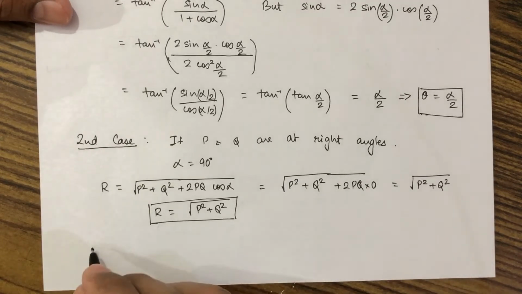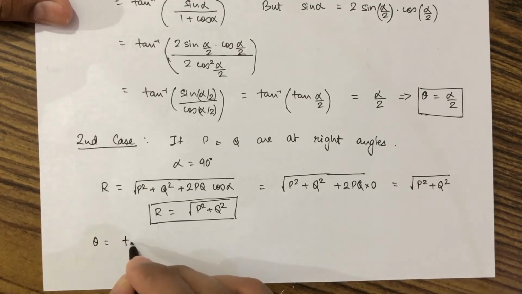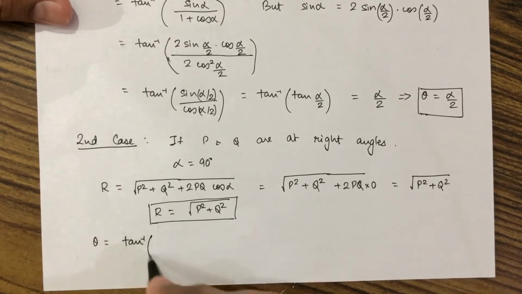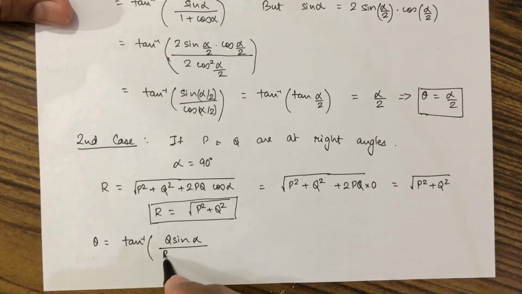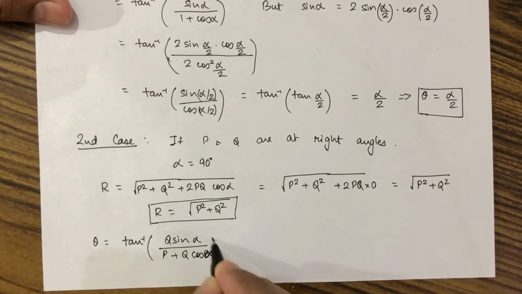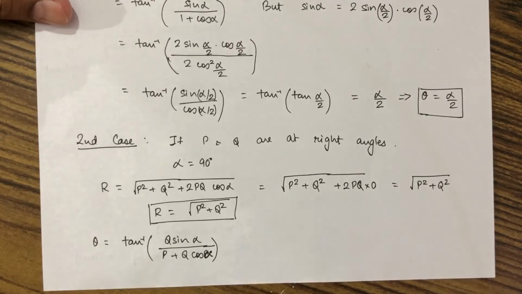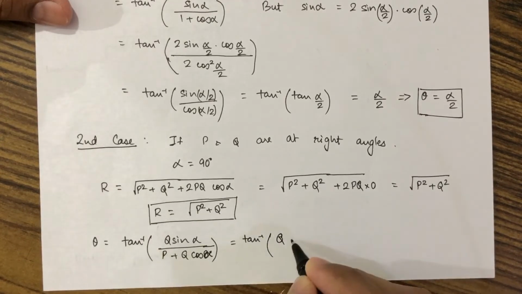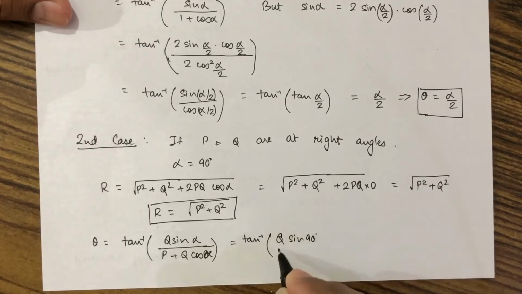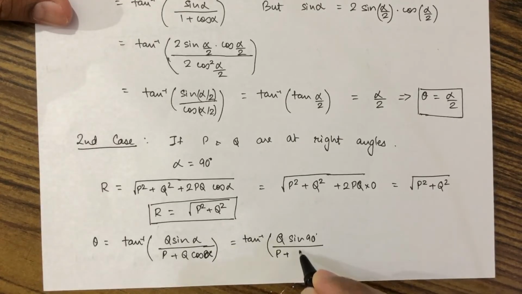Also, the direction theta will be equal to tan inverse of Q sin alpha upon P plus Q cos alpha. Now here, as alpha is 90 degree, we will substitute 90. So this will become tan inverse of Q sin 90 degree upon P plus Q cos 90 degree.